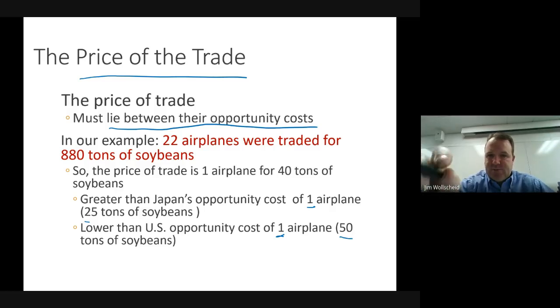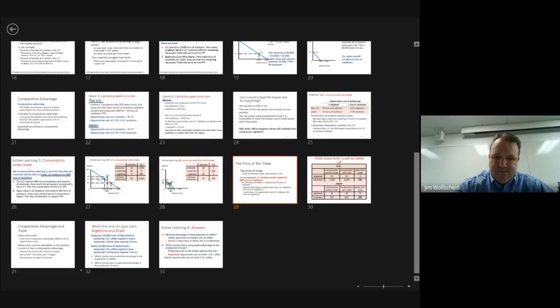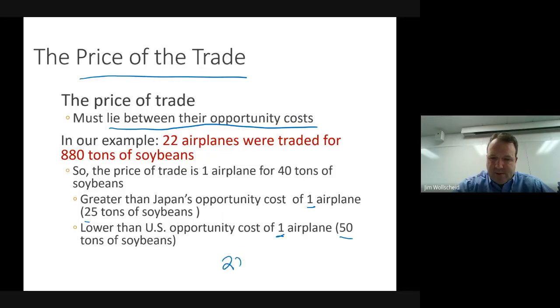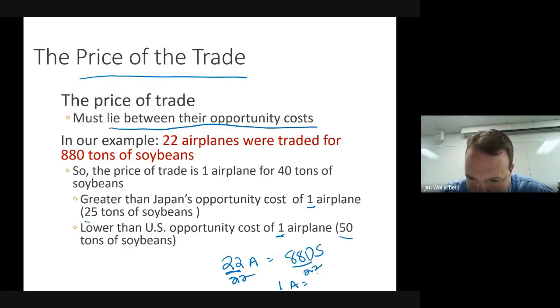So 22 airplanes for 880 soy. Divide by 22. I find one airplane is trading for 40 soy. And 40 is between 25 and 50.